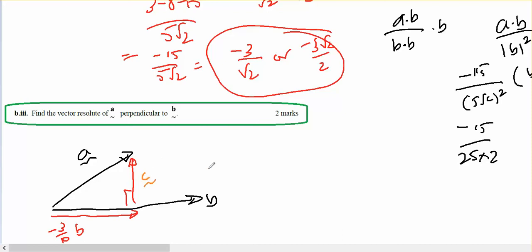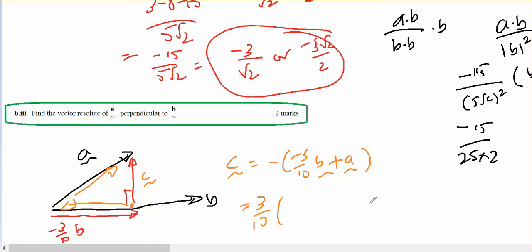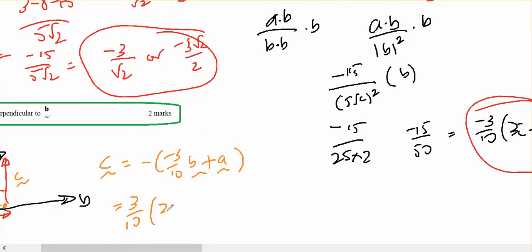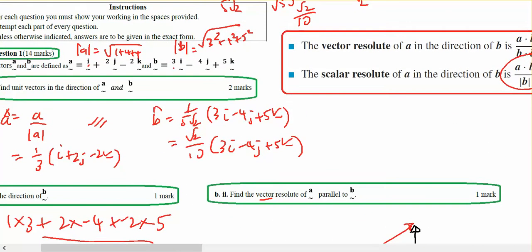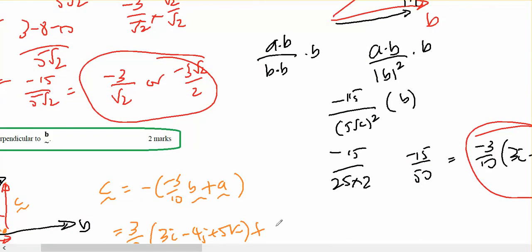So if I call this c, c is going to equal minus 3/10 b plus a. Adding two vectors together, going from here to there is the same as going back here and then up there. So it's going to be 3/10 times b, which is 3i minus 4j plus 5k, plus a, which is i plus 2j minus 2k.